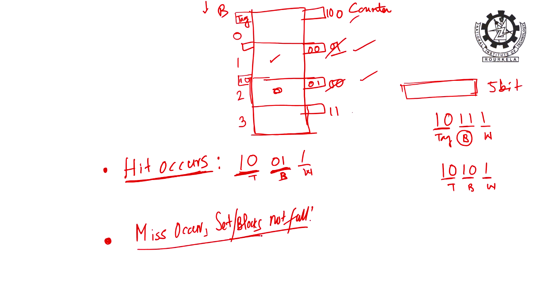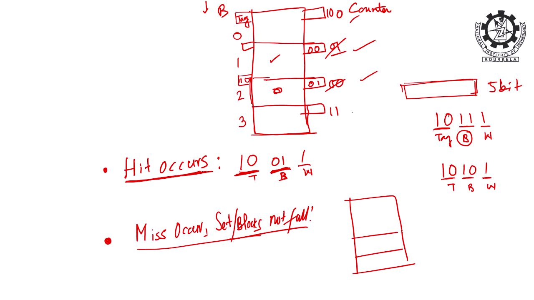The page which was referred long back, that page you need to replace. So, when a miss occurs, what you have to do is bring the pages from the main memory to the cache memory, and then its counter will be 0 0 and all other counter values will be incremented by 1.